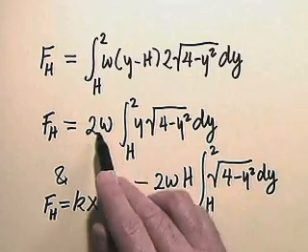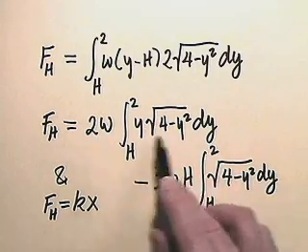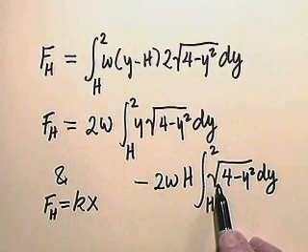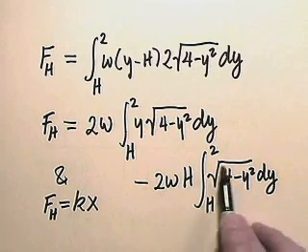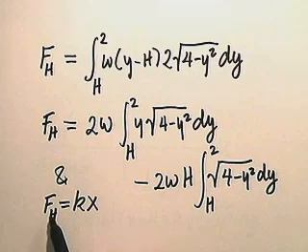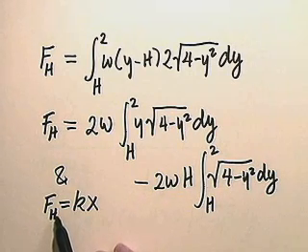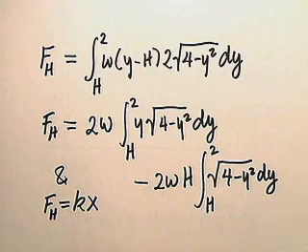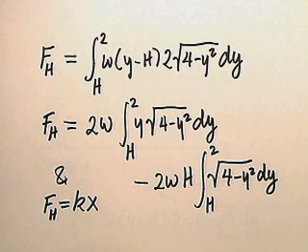Now you'll notice that we can easily work out the first integral by substitution, but the second integral is going to be nasty. And so that will give us a nasty expression involving h. And here we want to solve the equation F sub h equals kx to get x in terms of h. And then you could use the rate at which water is flowing in to calculate the displacement at time t, and then see if the tank ever overflows.